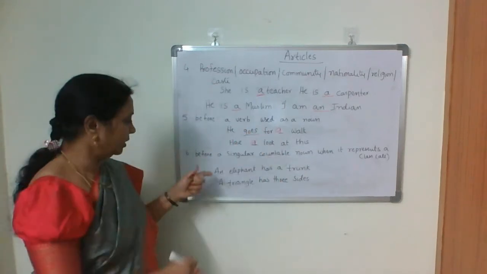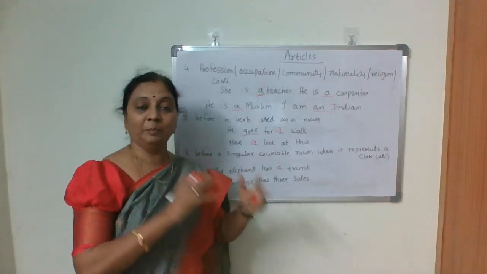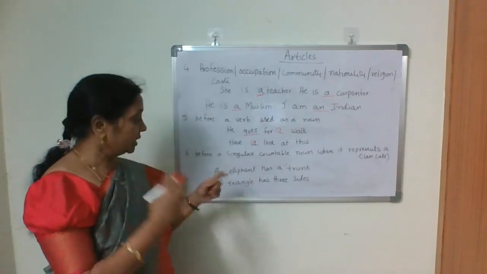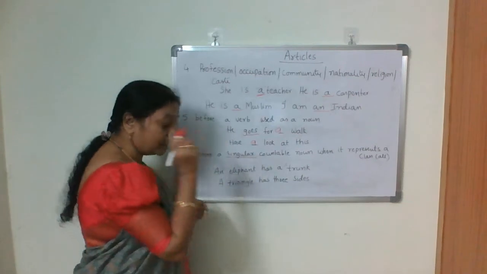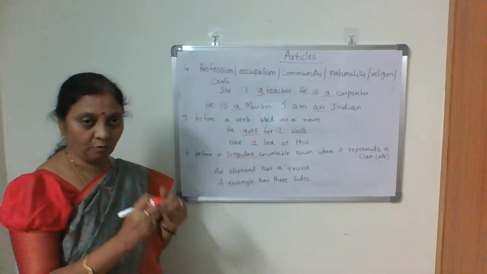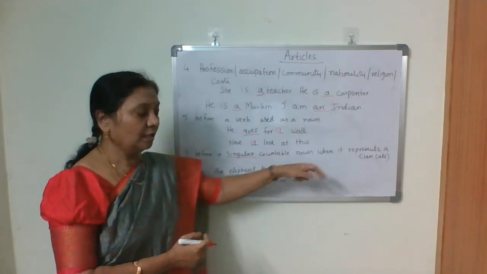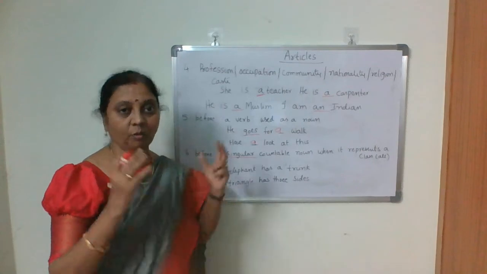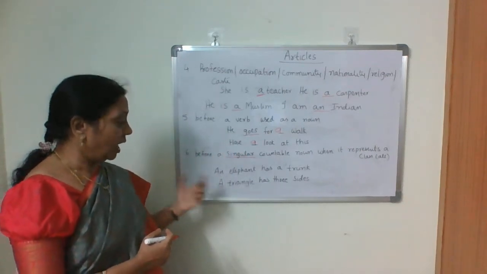Next one, before a singular countable noun, when it represents a whole class, all. This is important in a and an. Countable nouns are nouns which we can count. But when it represents the whole group, the whole class, in such cases also you have to use an article.